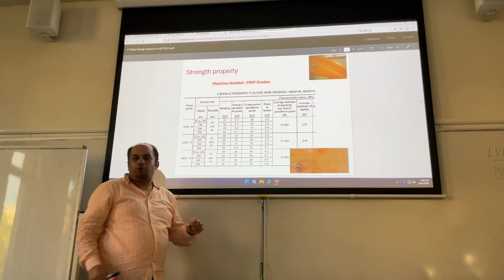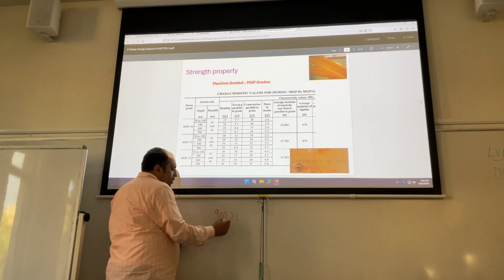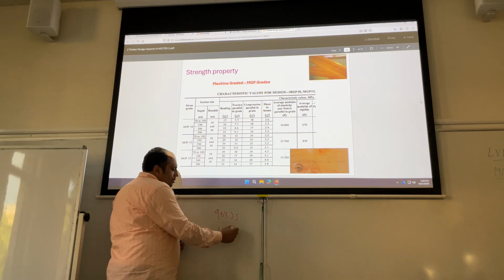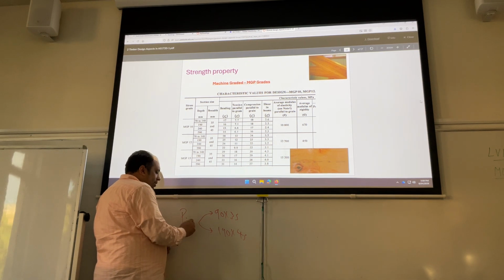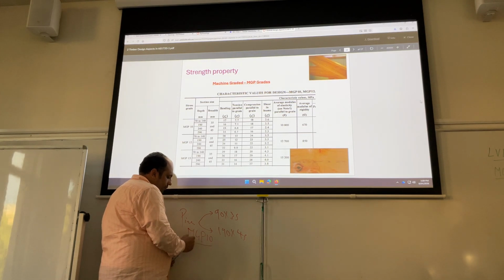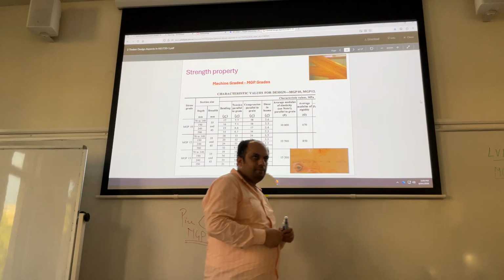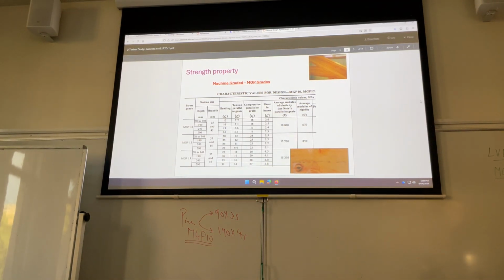Tomorrow, some groups will be testing 90 by 45, and some groups will be testing 190 by 45. All the timber we are using, we can consider as MGP 10. So this is one piece of information before going to the lab tomorrow.